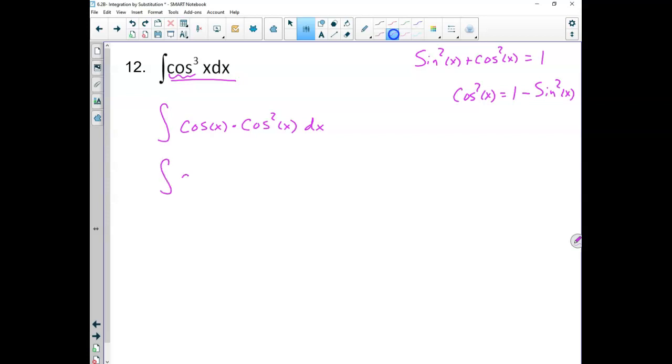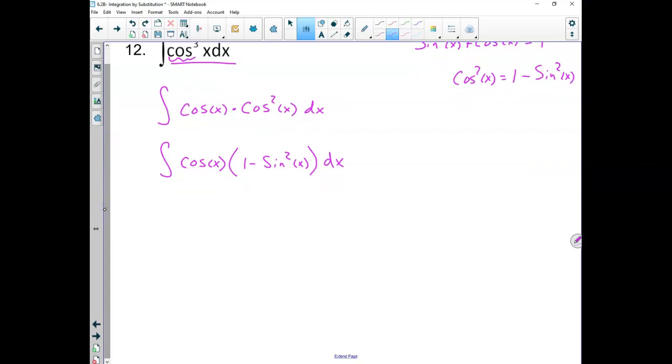So this is going to give me a cosine x times 1 minus sine squared x dx. And I really have two paths I can go on this. There's a couple ways to go. I could distribute my cosine, and I could say this is the integral of a cosine x minus a cosine x times a sine squared x dx.